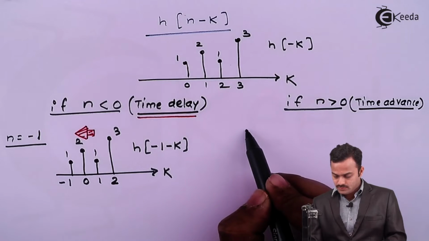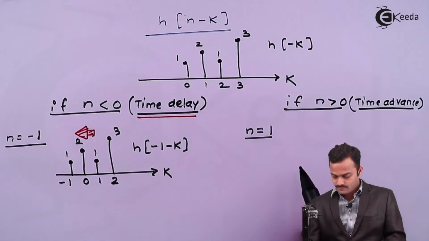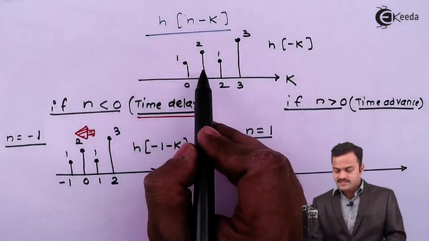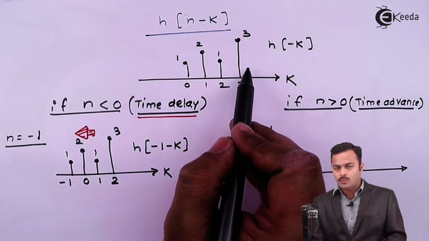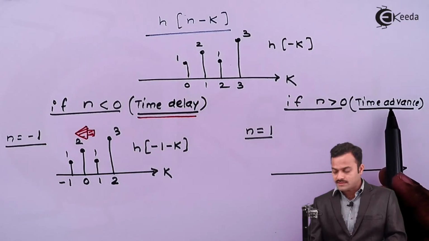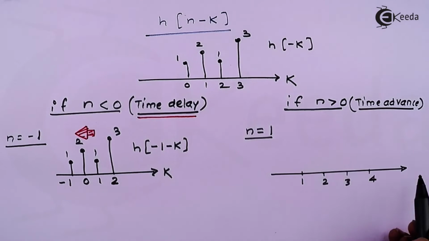I will do the shifting for n equal to 1. It will get shifted towards the right by 1 unit. That is the positive shifting, which we call the time advance. So the signal will start from 1 and it will end at 4.